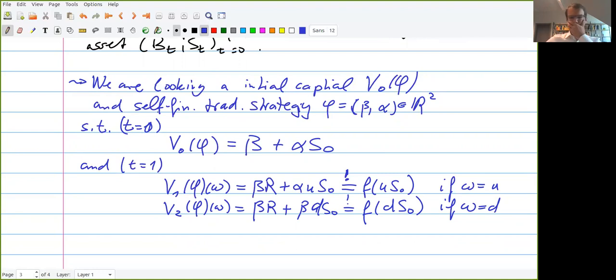This is actually rather nice, because what we see is that we have 3 linear equalities and 3 unknowns. We are looking for the initial capital plus alpha and beta, and we have 3 equations.